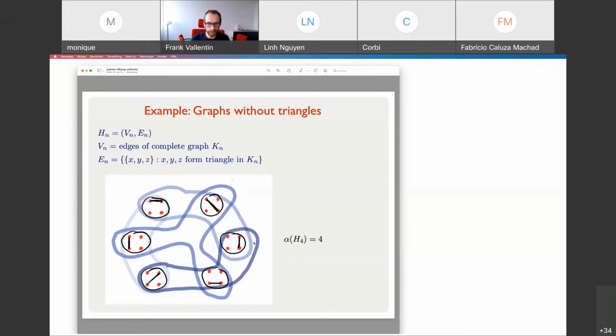Whenever you add another vertex here, then you will always have that the hyperedge is contained in the vertex set. Yeah, I hope that this example now makes the definition more clear. If not, then please ask questions right now.